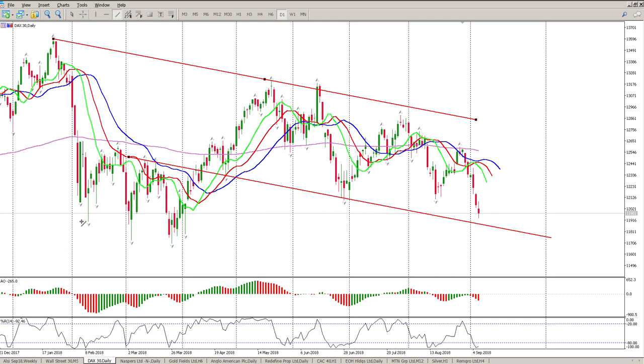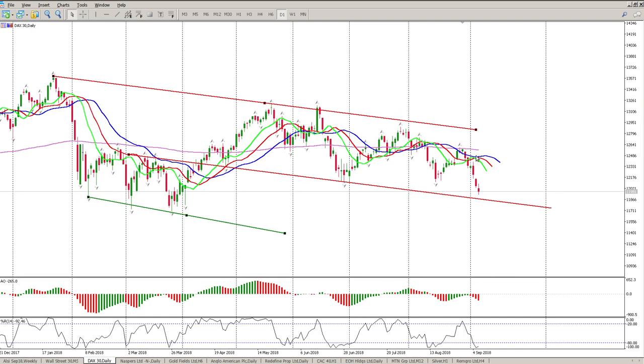If I draw another line along here, it's not exact, but you get the picture that this could just be the extension of this wider range. In other words, this was the range, then we broke the upside and made another range. So we could break the downside and run back in this channel, or we could break upside and make another channel, but still moving to the downside.